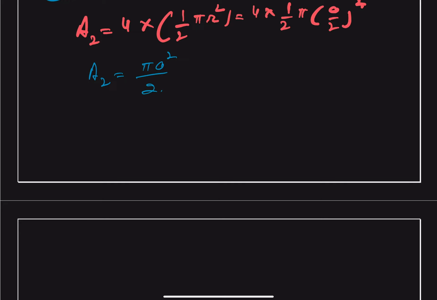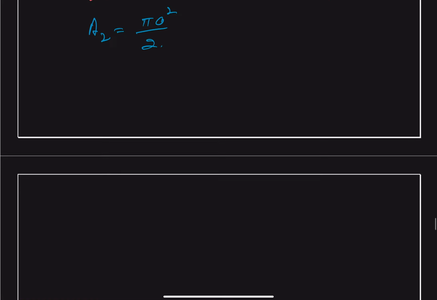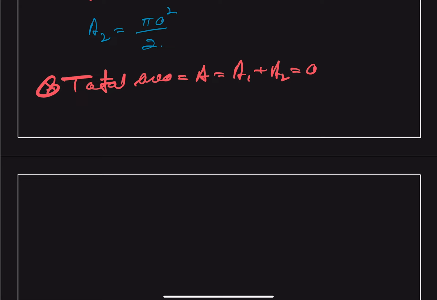So total area will be equal to A1 plus A2. Total area A will be equal to A1 plus A2. This comes as a square plus pi a square by 2.